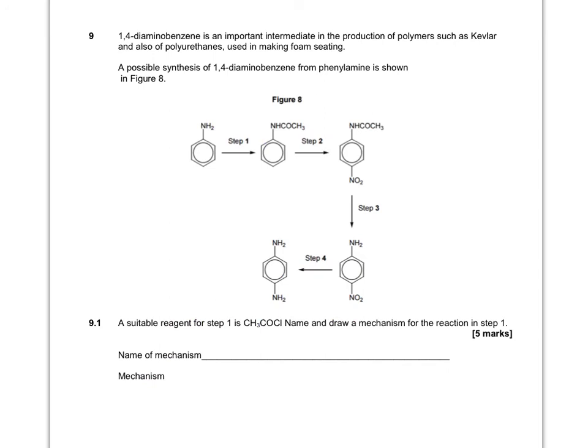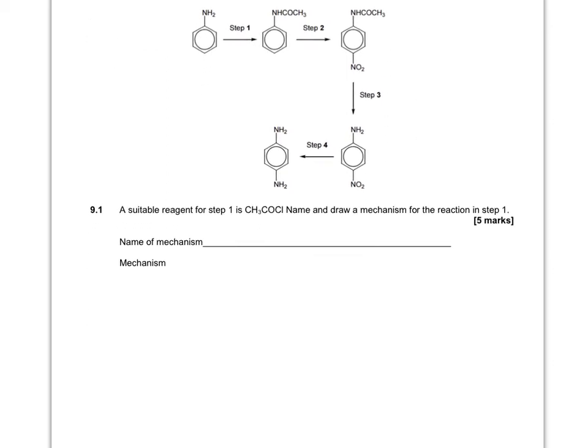Diaminobenzene is a very important intermediate in the production of polymers such as Kevlar and also polyurethanes used in making foam seating. A possible synthesis of 1,4-diaminobenzene from phenylamine is shown below. A suitable reagent for step 1 is ethanoyl chloride. Name and draw a mechanism for the reaction in step 1. So let's see what's happening in step 1.